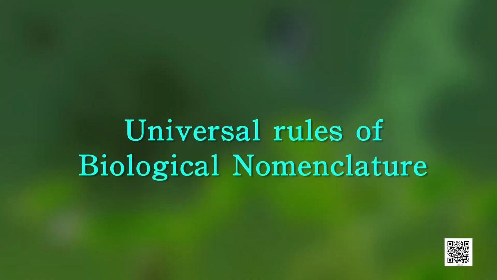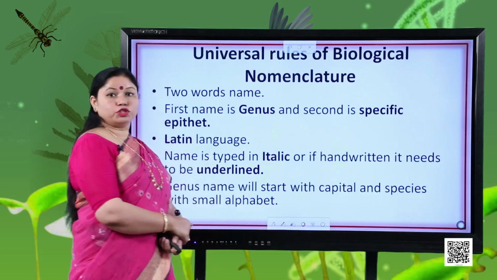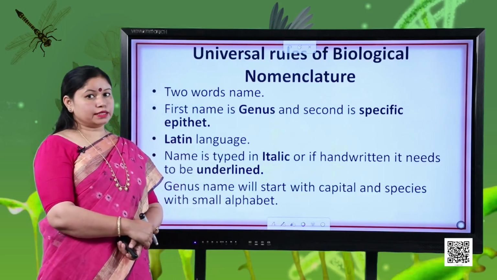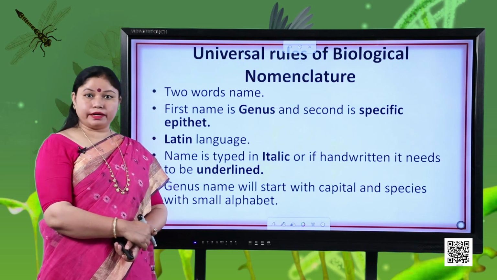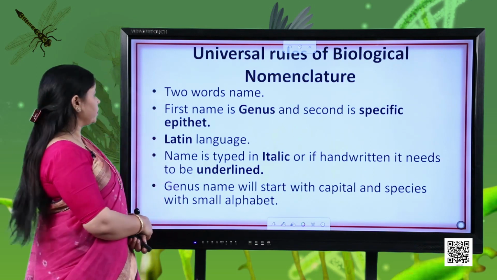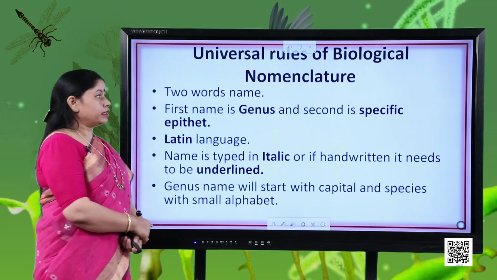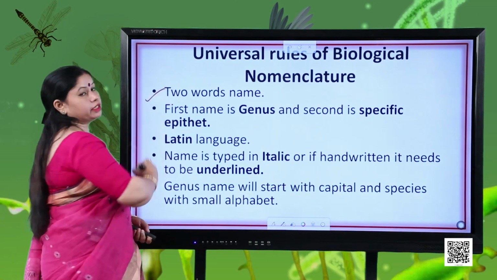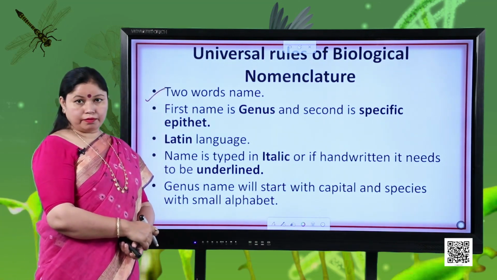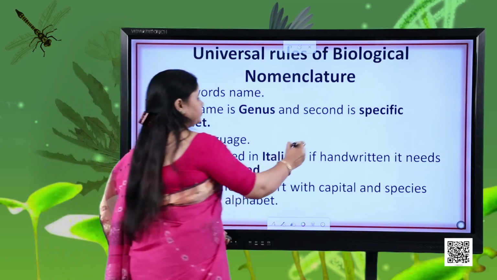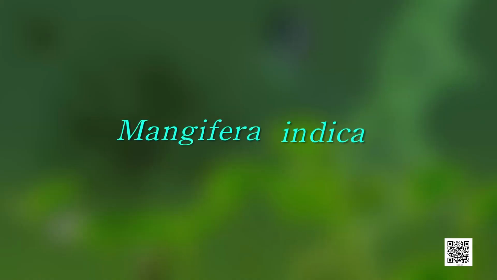Let us discuss universal rules of biological nomenclature. What rules should be followed while assigning or writing any biological name? First, every biological name must be a two-word name. Let's take an example, Mangifera indica.